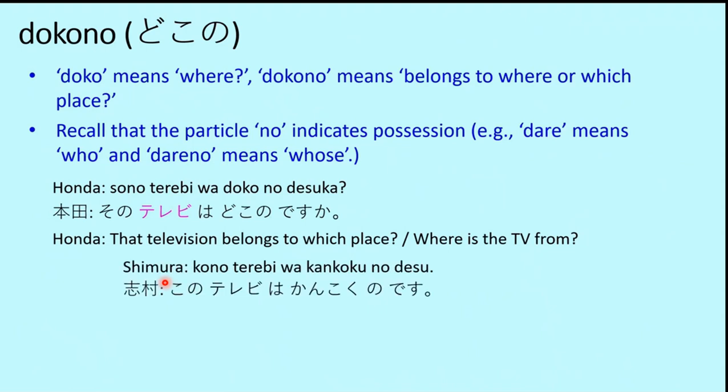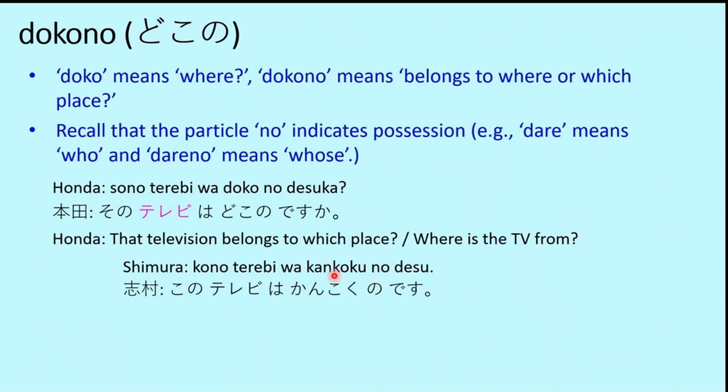Shimura-san says kono terebi wa Kankoku no desu. Kono terebi, so here this is used as an adjective. Kono terebi means this TV. Kankoku means Korea, or South Korea to be specific. Kankoku no means from South Korea, it belongs to South Korea.